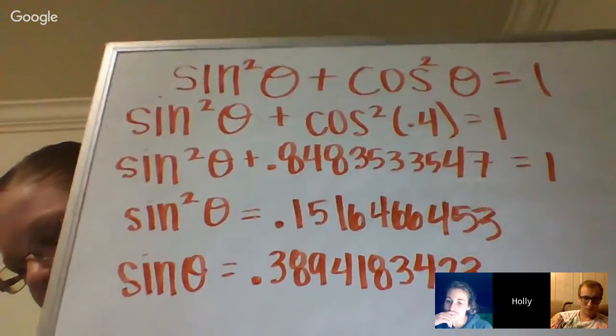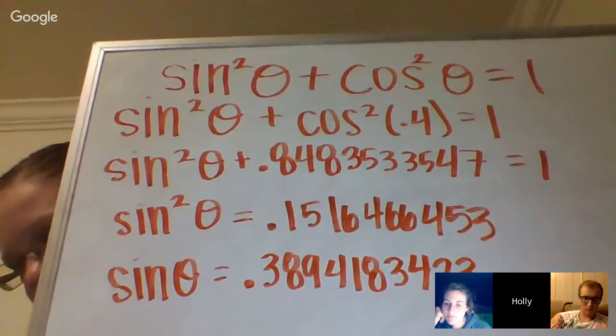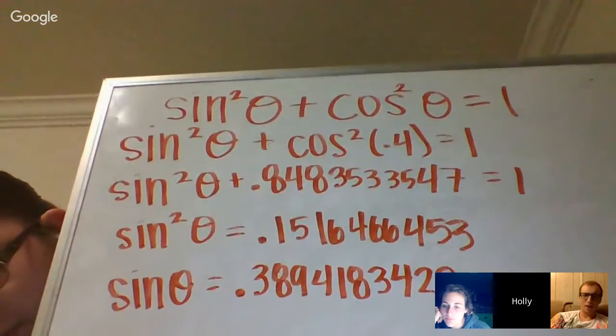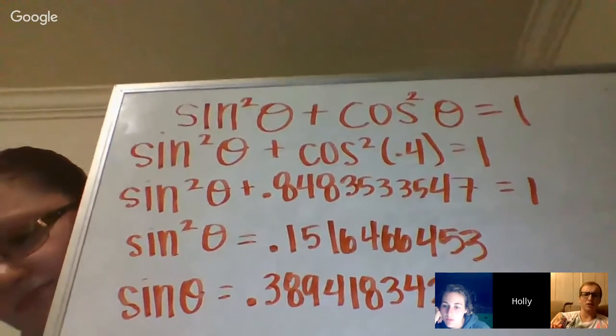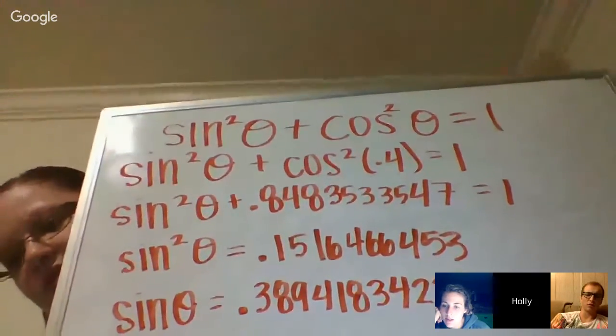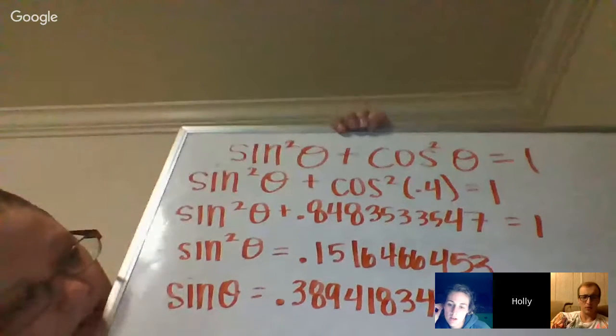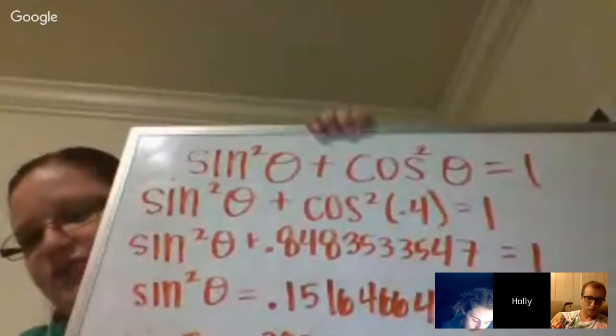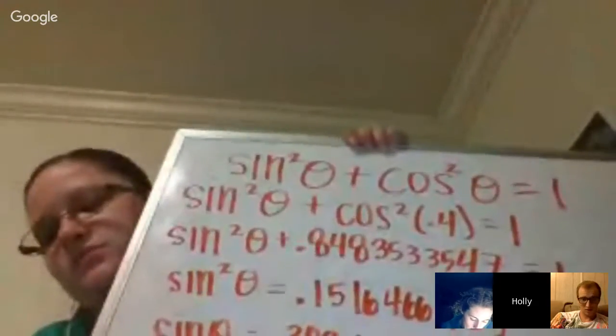So I know that's right. Okay, but how did you enter that into your calculator? The cosine squared of 0.4? To do that, you have to do the cosine of the number first, because you'll get an inaccurate answer if you put the squared in. So you do cosine of 0.4, equals.